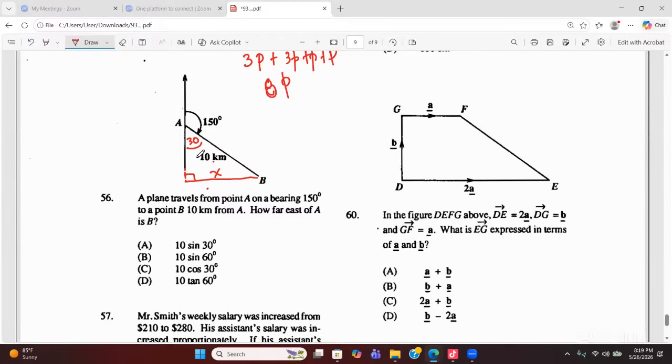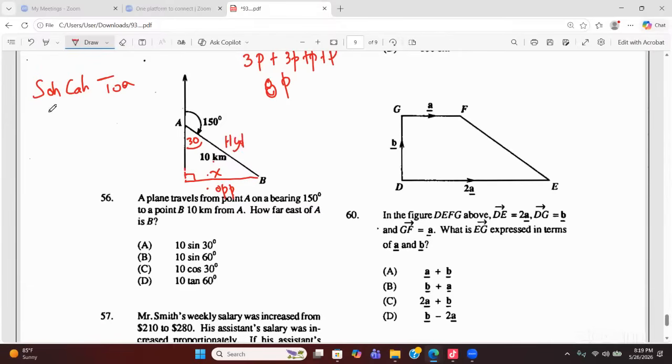So if you come inside the triangle, the hypotenuse is 10 and you're dealing with the opposite. This is opposite to the 30, and this is the hypotenuse, so the sin is what you're going to use.